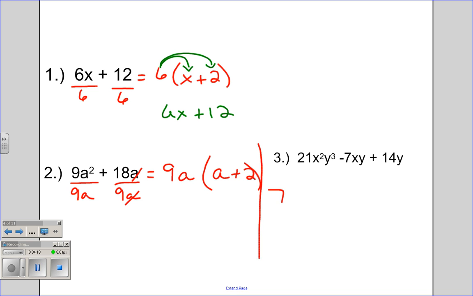Now you're going to look, do they have a common variable? They do. They all have a y. Well, what's our lowest exponent, which is the 1. So now you're going to divide each one by our GCF.